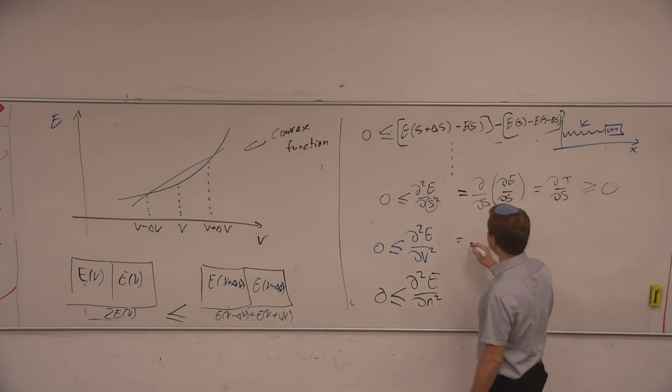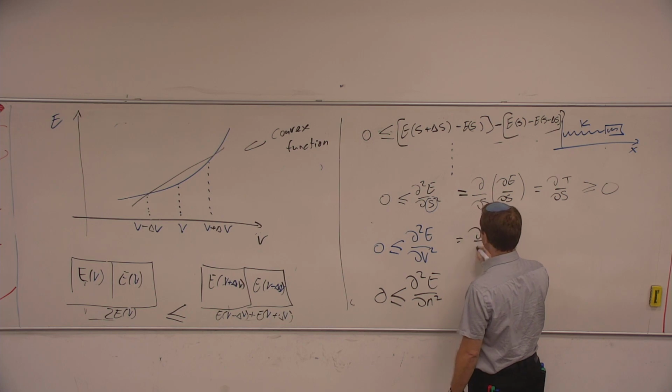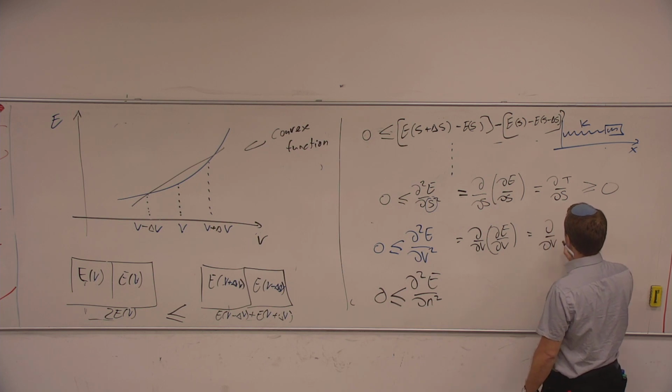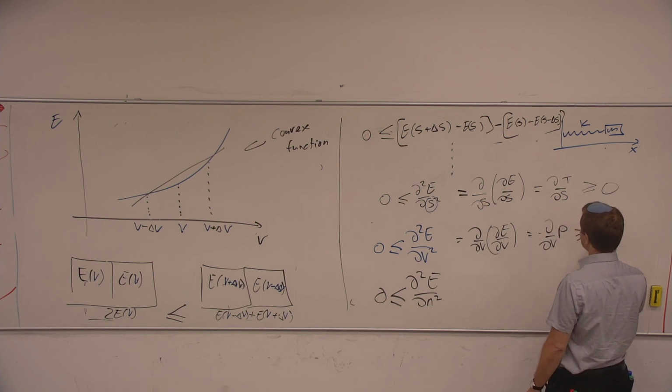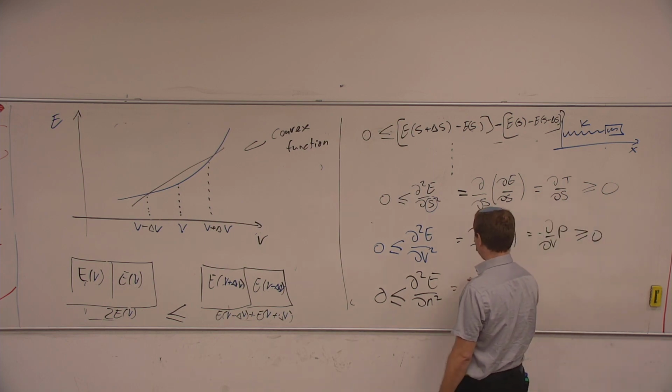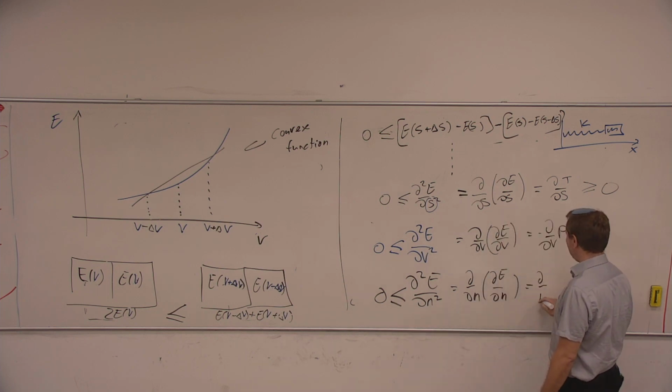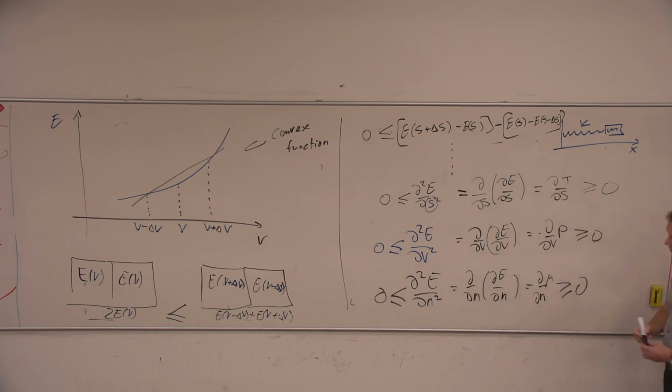And the same goes over here: d/dV of dE/dV equals d/dV of minus P, which is greater than 0. And here it is d/dN of dE/dN, which is d/dN of μ, and this is greater than 0.